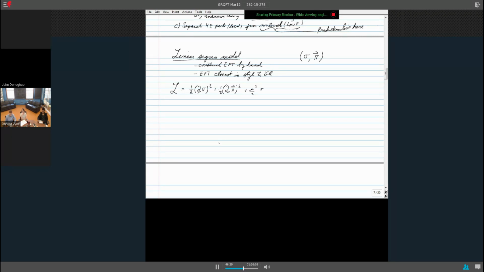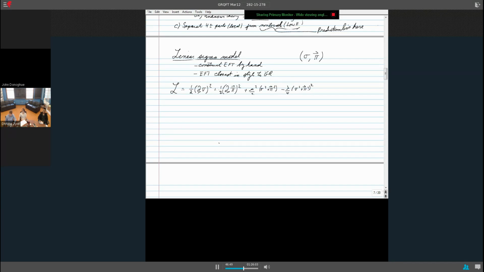Okay, so basically everything that we say here, once you see how it works, you'll be able to see how general relativity works as an effective field theory. Okay. So let's go. Linear sigma model is basically the Higgs sector of the standard model.